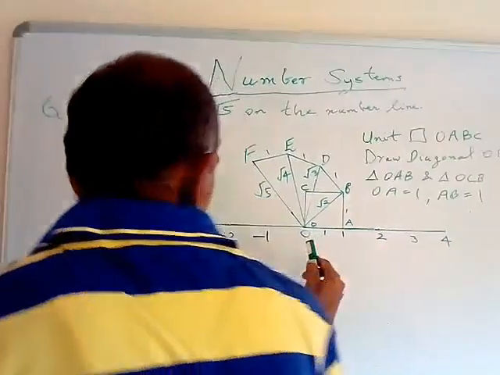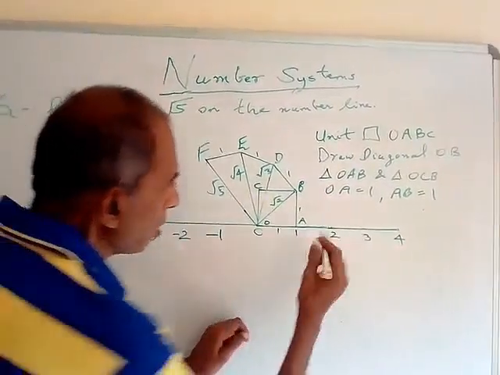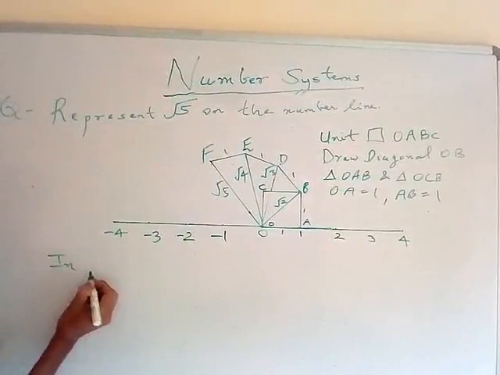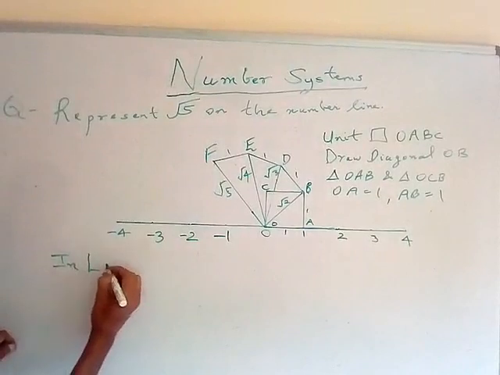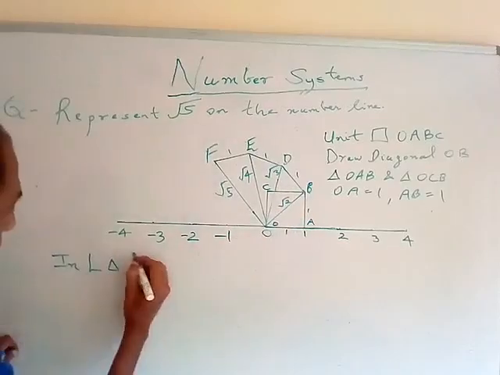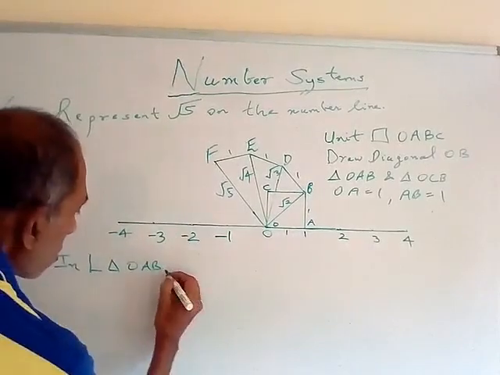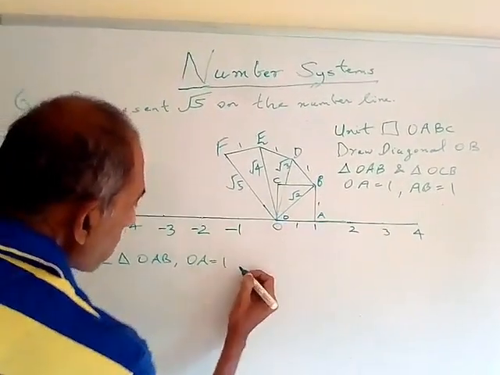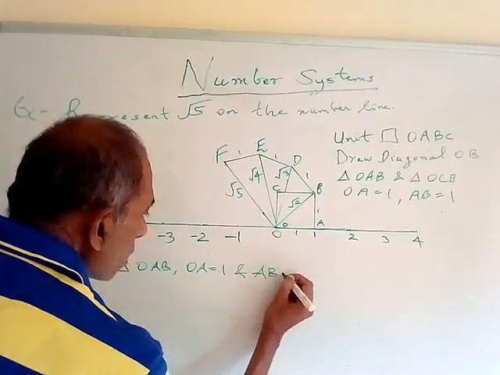So in the right angled triangle OAB, OA is equal to 1 unit and AB is equal to 1 unit.